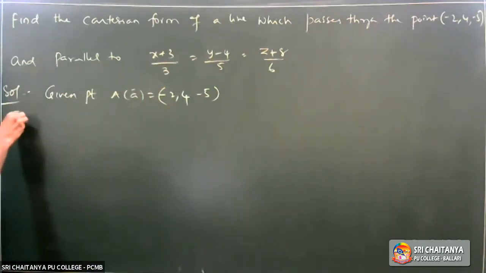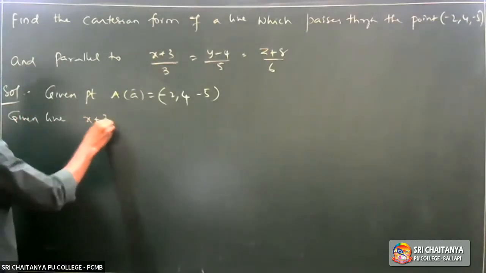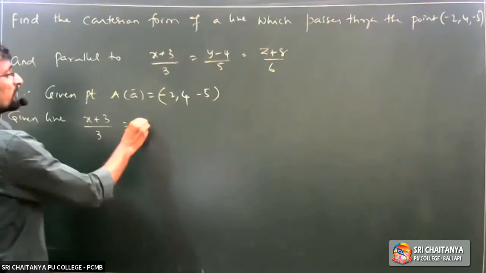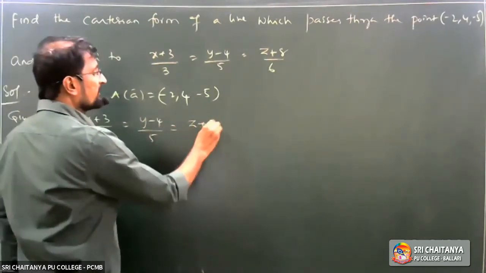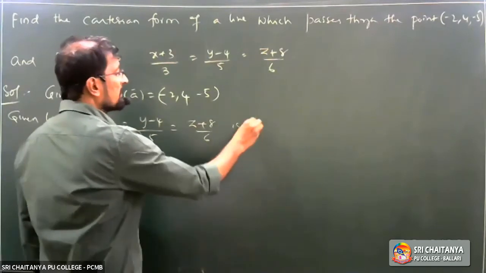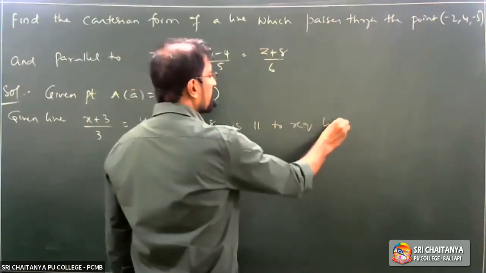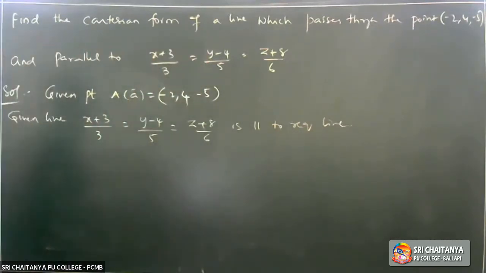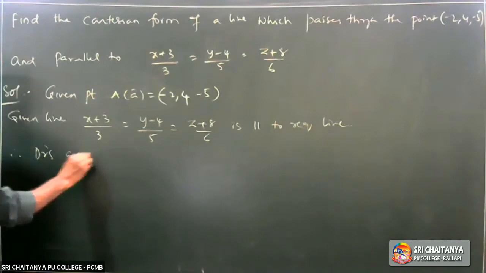And the given line (x+3)/3 = (y-4)/5 = (z+8)/6 is parallel to the required line. Therefore, the DRs are equal.